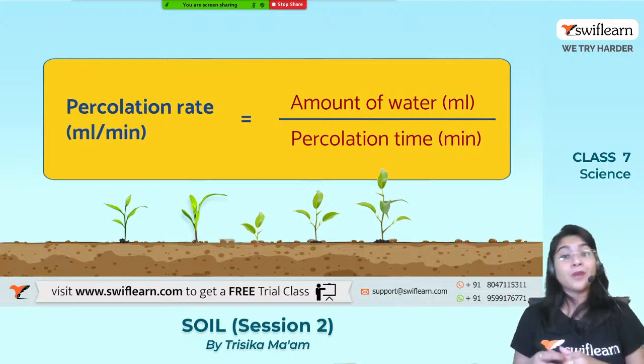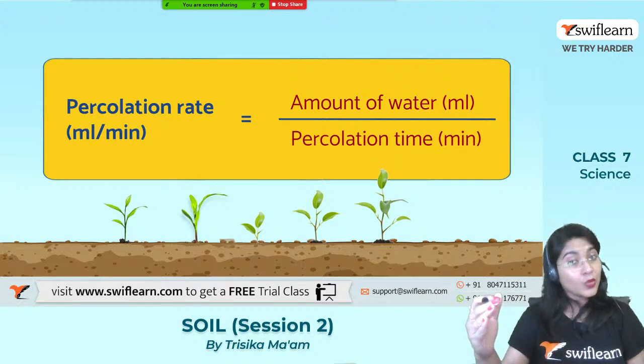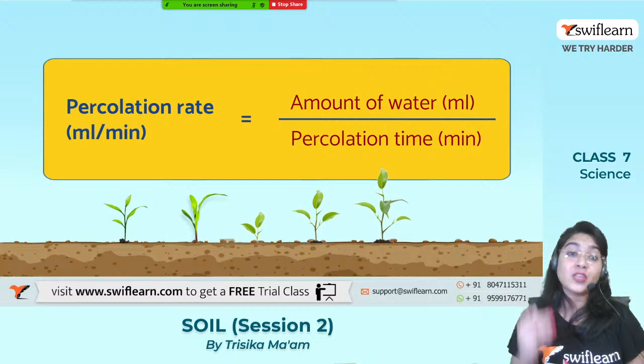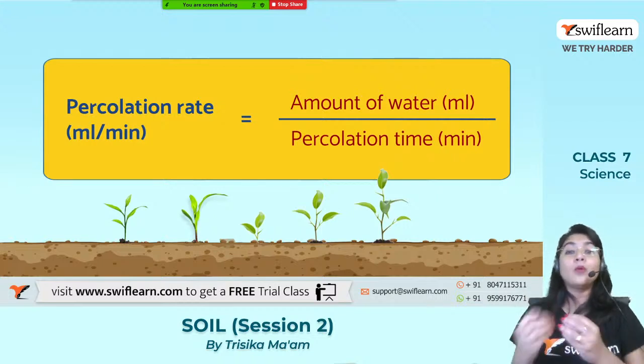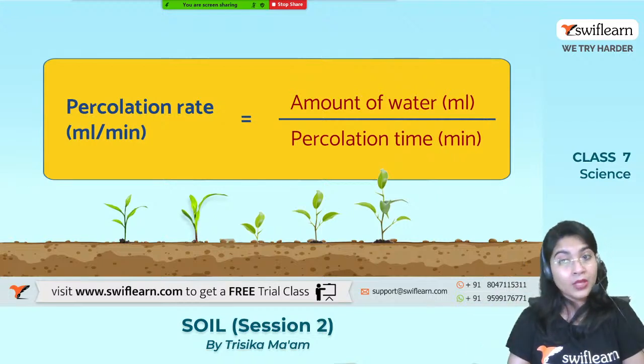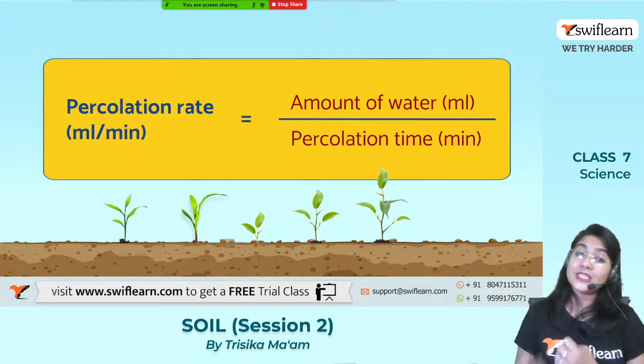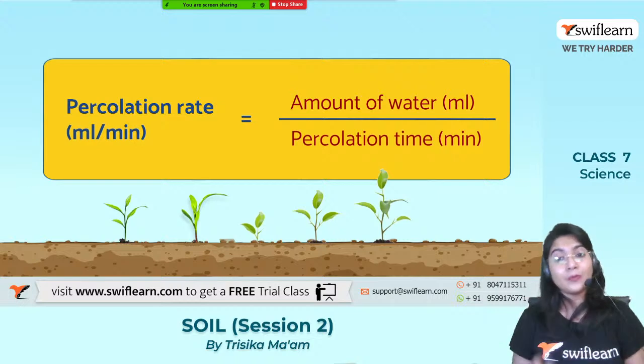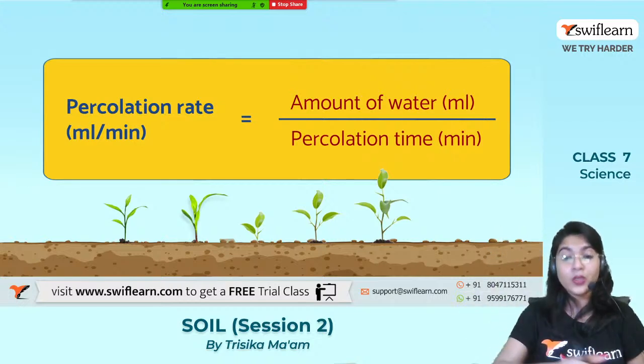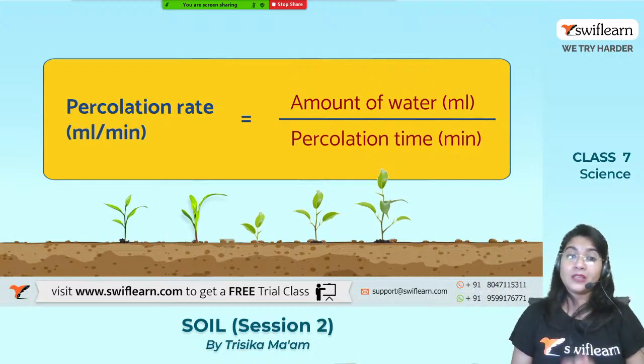Percolation rate is always equal to the amount of water given to it divided by the percolation time in minutes. So, how many milliliters of water you are pouring, and how much time is taken by the soil to absorb it, or for the water to go through the soil. This will help you to understand the percolation rate.